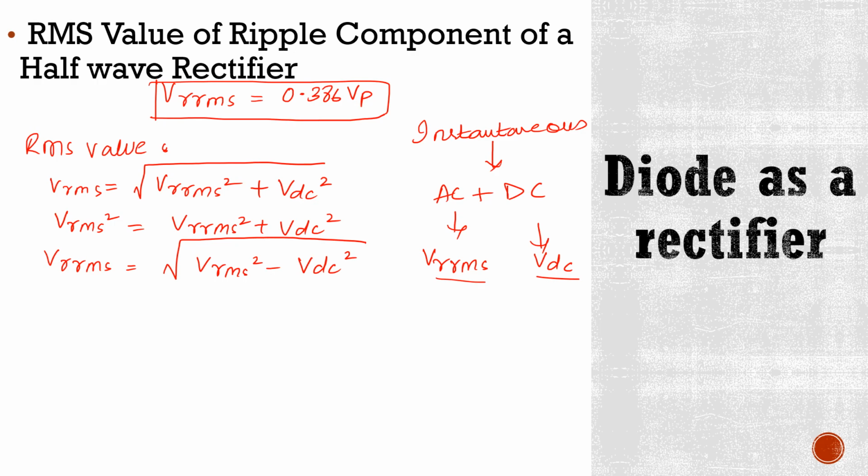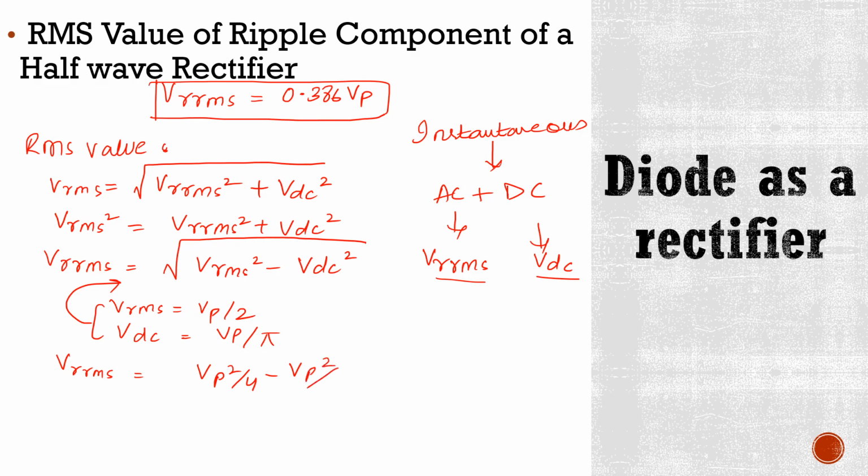Now for a half wave rectifier, this VRMS is Vp divided by 2, and we know that the value of VDC is Vp divided by pi. So if we put these values in this equation, we get VR RMS is equal to the square root of Vp square divided by 4 minus Vp square divided by pi square.